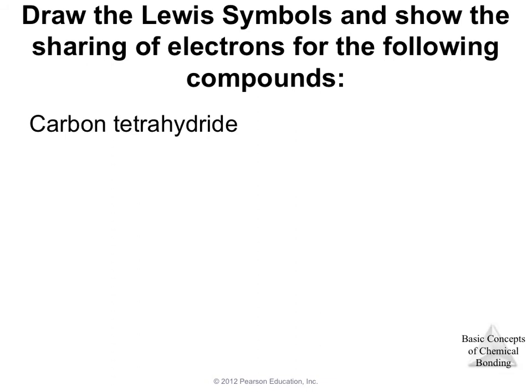So let's walk through one of these. The first thing is going to be to get the formula. So carbon tetrahydride is carbon with 4 hydrogen. The center atom is going to be the most electronegative. So in this case, it's going to be carbon.